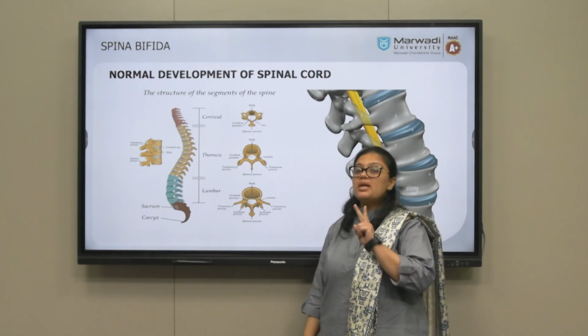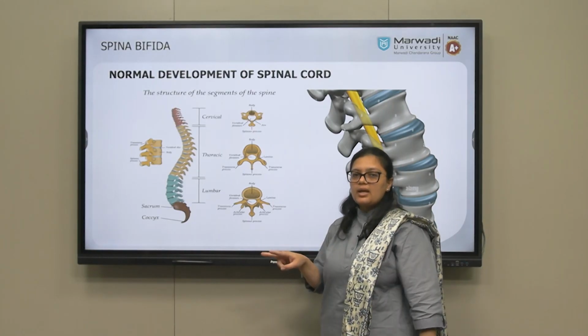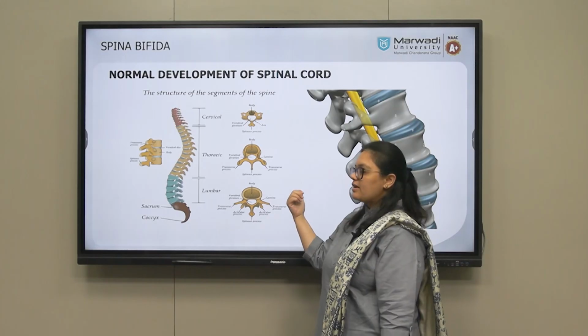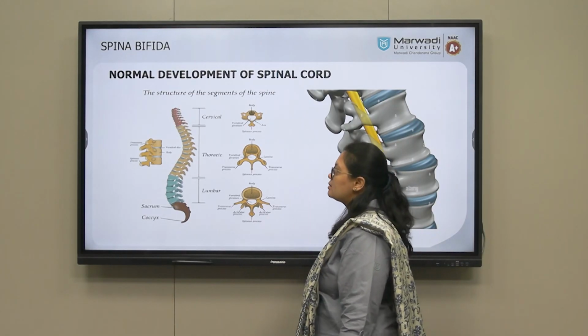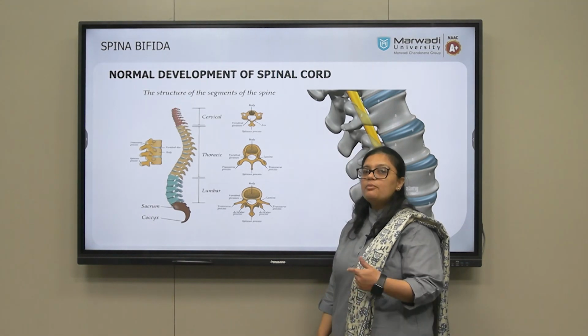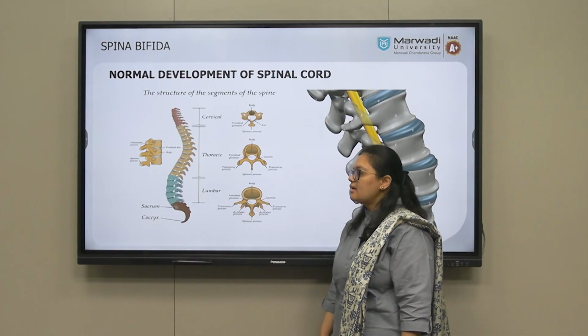There will be two spinous processes. Spina means spinous process, bifida means dividing into two. So, when any spinous process divides due to abnormal development, we consider it to be spina bifida.